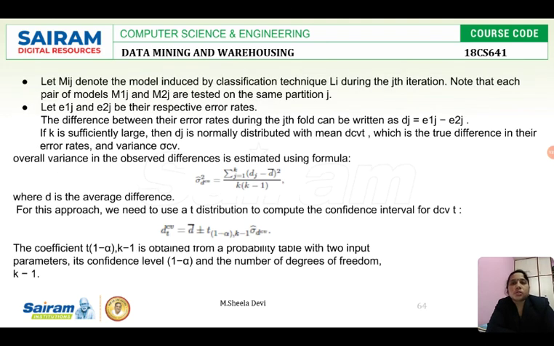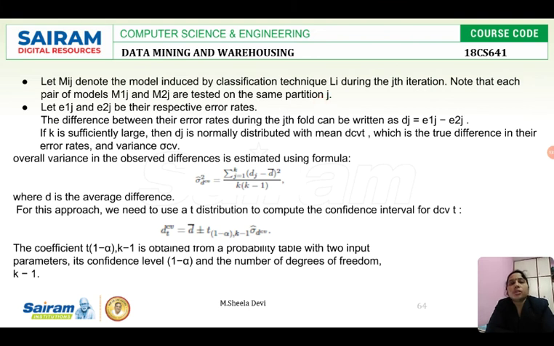Let Mij denote the model induced by the classification technique Li during the jth iteration. Each pair of models, M1j and M2j, where j indicates the iteration (first iteration, second iteration, up to k iterations), are tested on the same partition j.